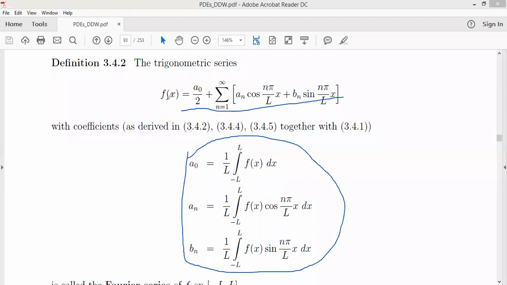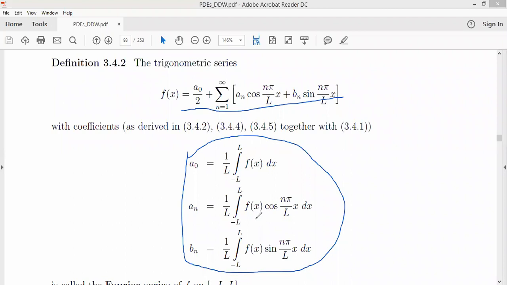If you are given a function f(x), the only thing missing to get these coefficients is knowing the type of function you have, which is f(x). After knowing the f(x) you have, we also need the interval, minus L to L.